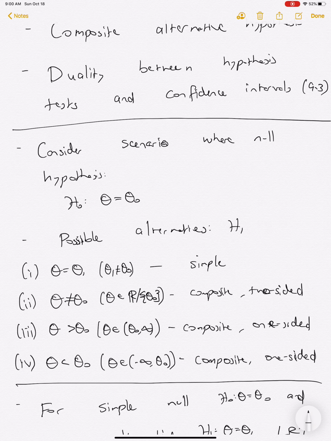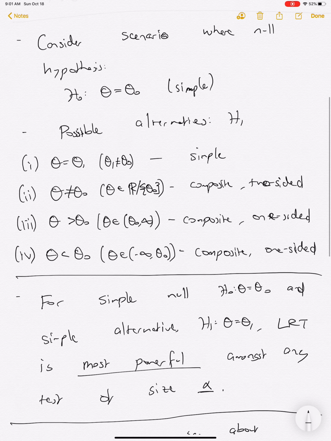The scenario we'll mainly be in today is one where the null hypothesis is simple, so theta is equal to theta 0. That's what we've seen mainly. In particular, there are 4 fairly standard alternatives.